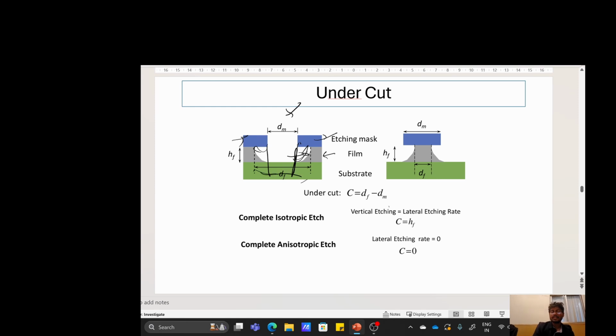This df minus dm is the undercut, this much plus this much is the undercut. That is what we didn't want. This is also so when you wanted a pillar, but because of the undercut you are getting this kind of profile.